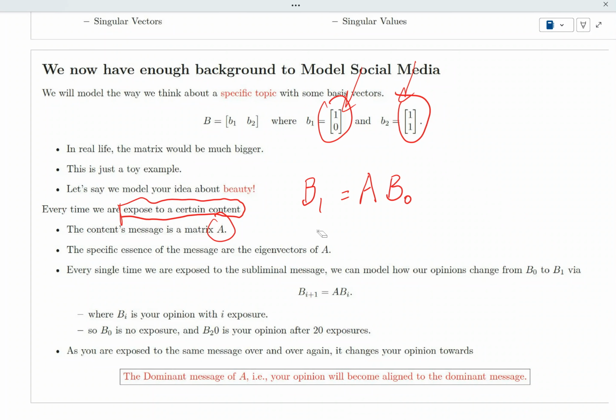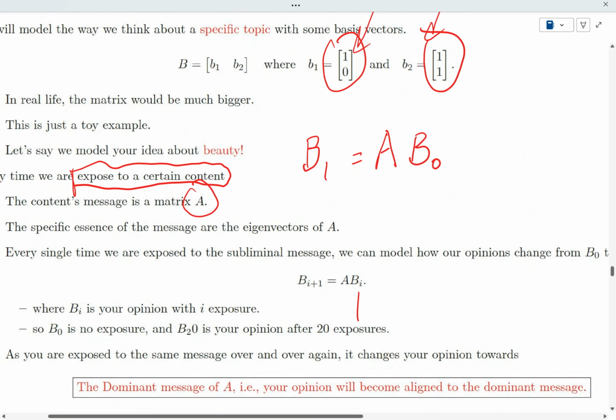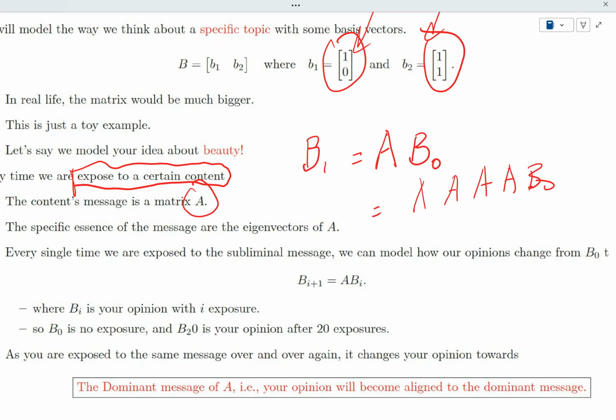At any given point, if you interact with the content, it changes your opinion. So you can imagine if you multiply once, you get B1. Then if you have B0, you interact with the content multiple times: 1, 2, 3, 4, 5.